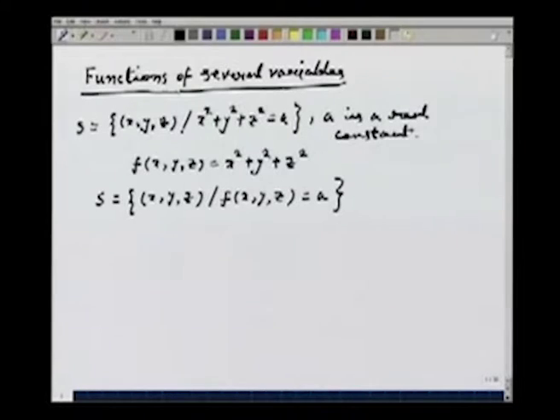So with this surface, there is naturally associated a function. The surface in some sense comes out of the function. So if you really want to understand this surface properly, the geometric properties of this surface, one way is to look at the function which produces it and try to understand the function. So this is a big motivation for studying functions of several variables.